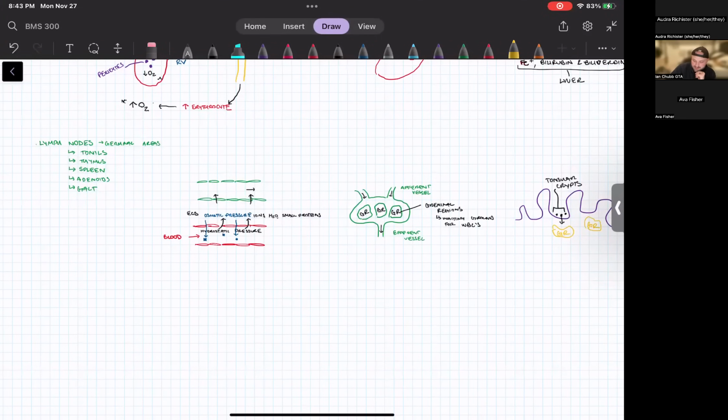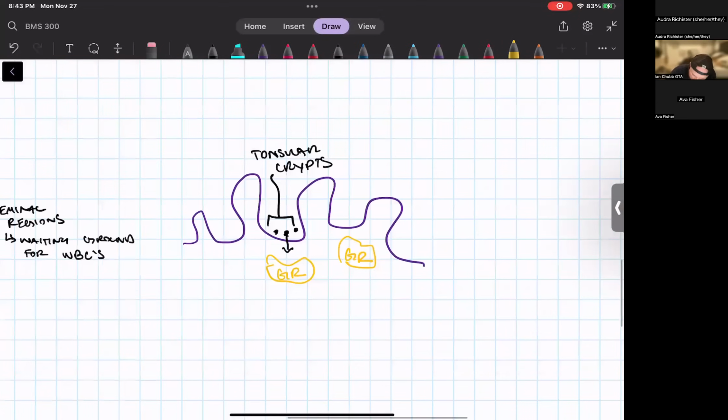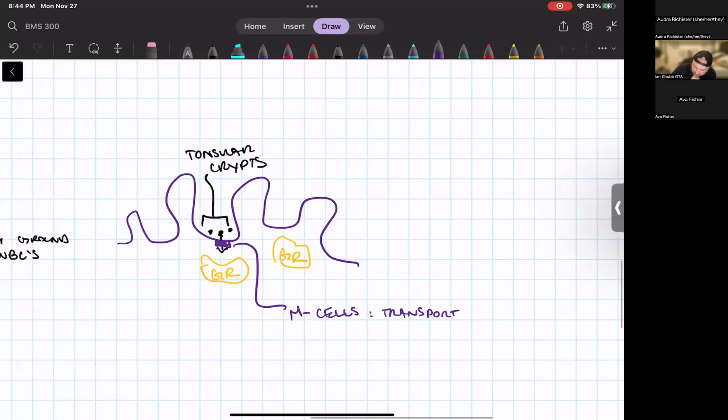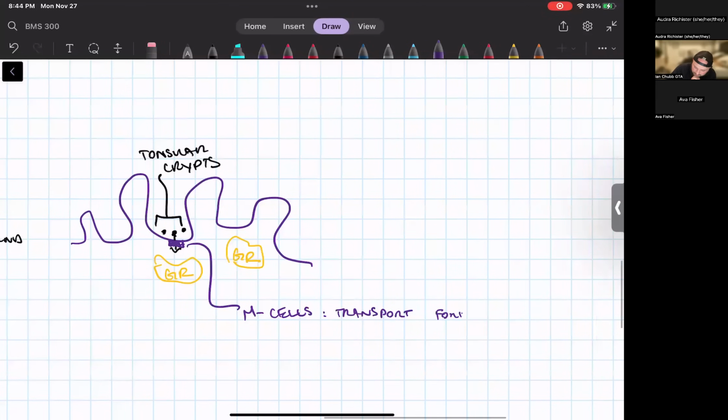Oh, the M cells, I wasn't very specific. So you have specific cells here called M cells. These are the ones that will transport foreign things across.